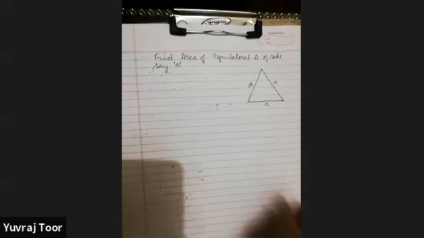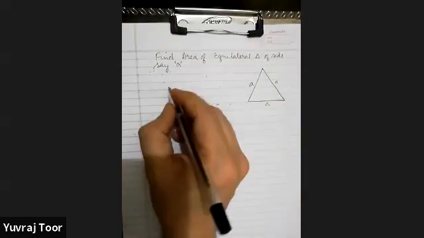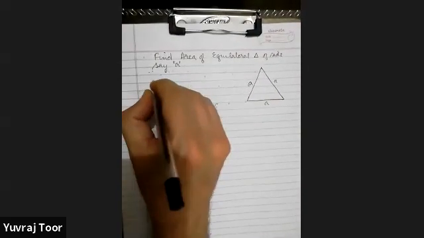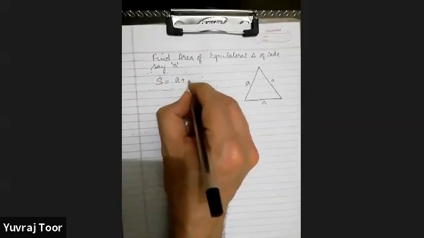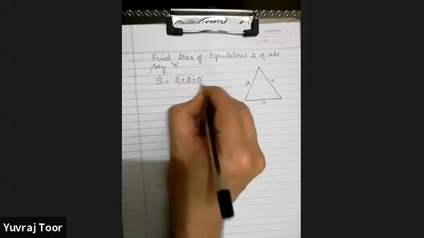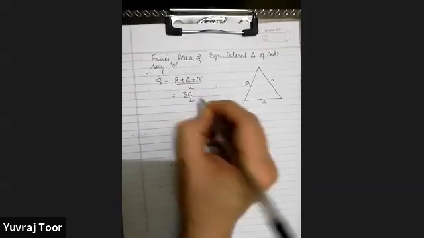How to calculate the formula of an equilateral triangle using Heron's formula? We know that we have to calculate S first, and S over here is A plus A plus A by 2, so that is 3A by 2.